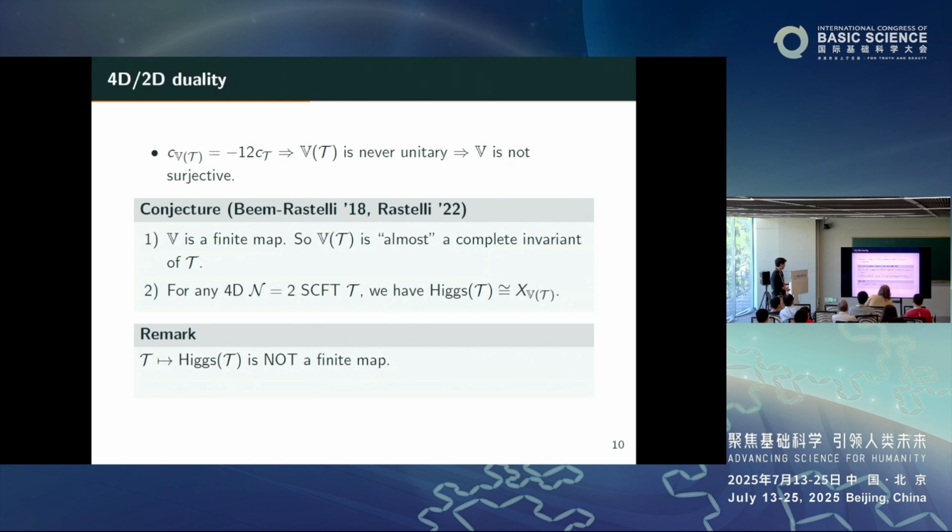You can consider the map assigning the Higgs branch to a 4D theory, but this is not a finite map because there are infinitely many 4D theories which have a point as Higgs branch. This conjecture is widely accepted in the physics community, so I think this should be true.